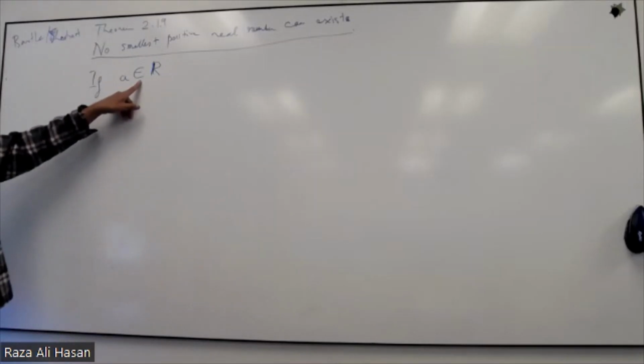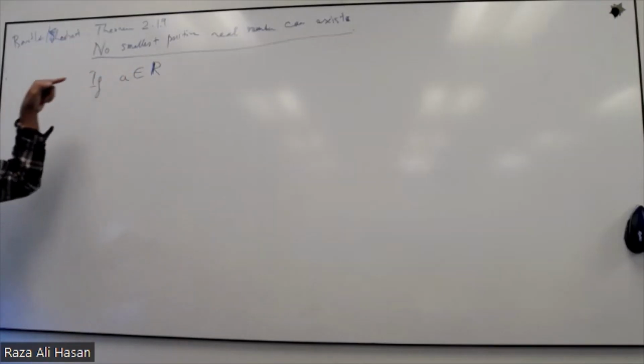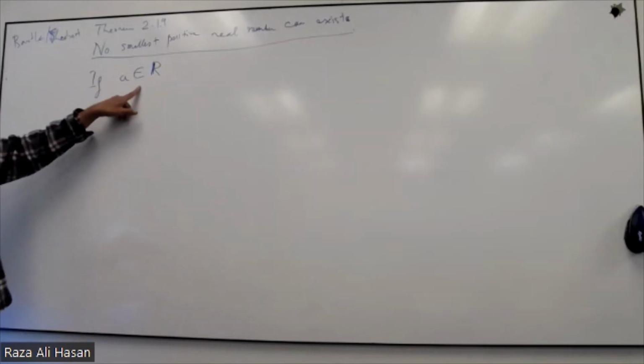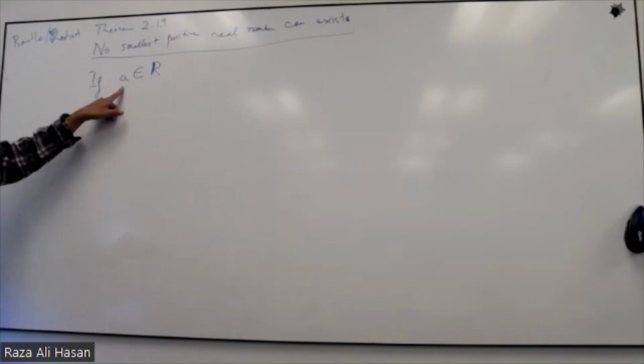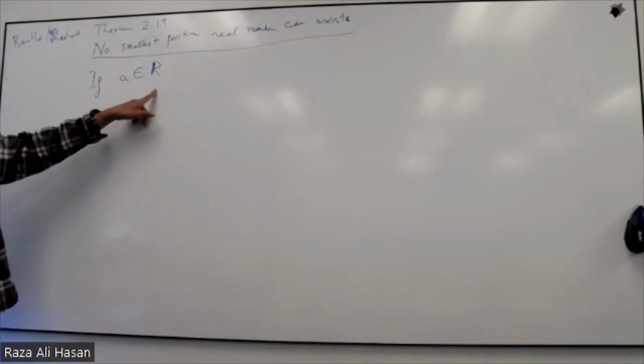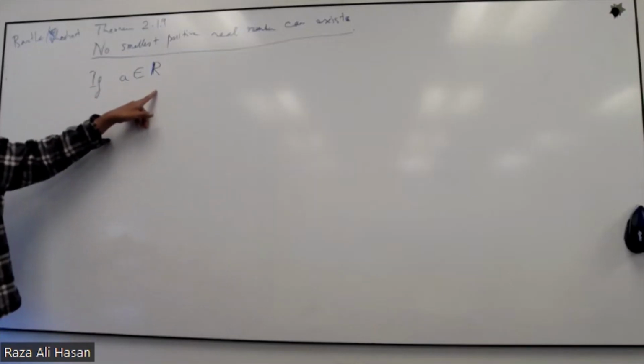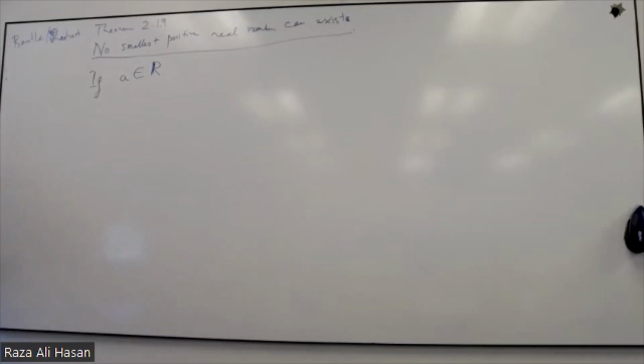Kylie, what is this symbol for? I know you just started coming to class, but yeah, this thing is a C with a line across it, means belongs, or in. And what did I say? I said, if A is a real number. So I'm reading it like that. If you want to say that you have a number A and you want to say it's a real number, this is how you write it.